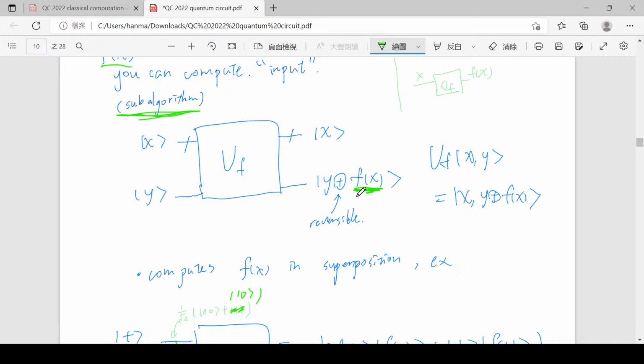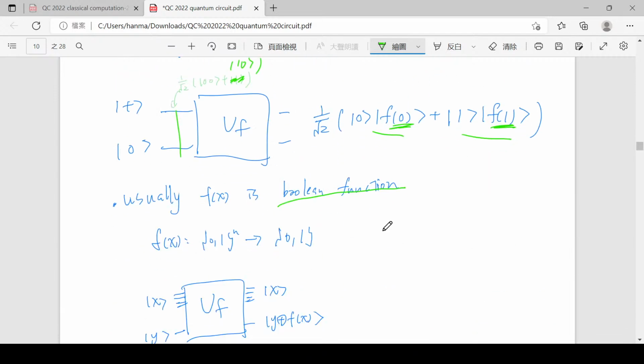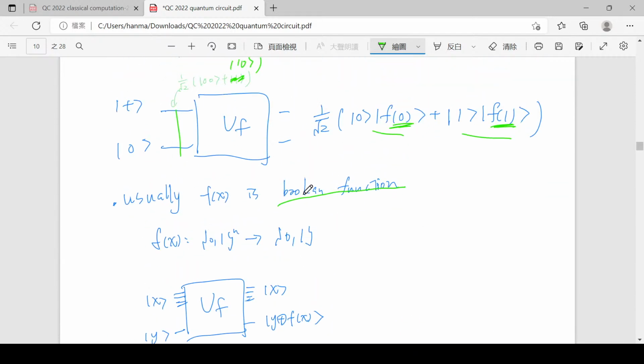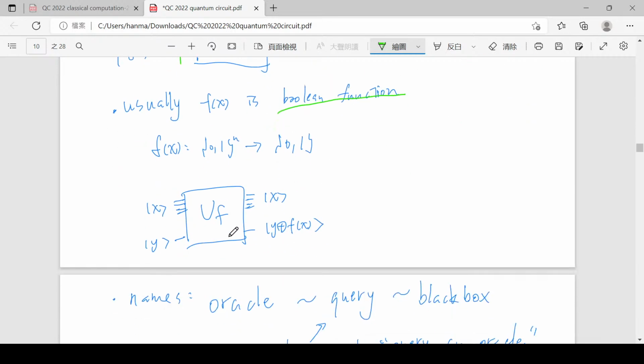But you can imagine that you can also extend this to many qubits, although then you need to pick something that's reversible. Once again, a Boolean function has some n-bit input and a 1-bit output.